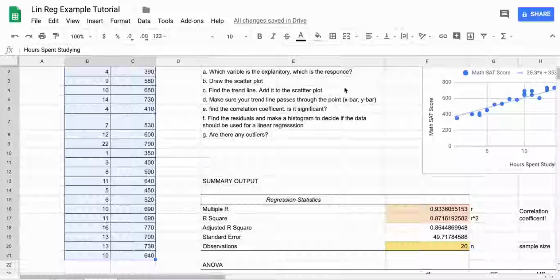And we're going to do that by telling, hey, Google, we want the average of the B column. And I got to tell it equals average of the C column. And so this is the point it should be passing through, 9.45 and 592.5.